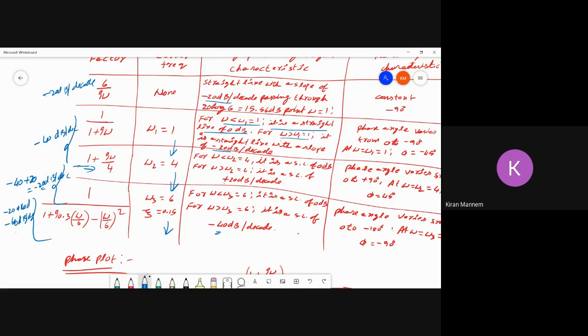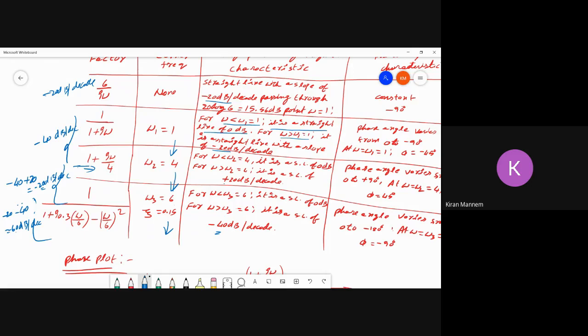Down here I'm getting some errors today. Anyway, you remember 20 plus 40, it is simply minus 60. We'll stop here. Minus 60 dB per decade.